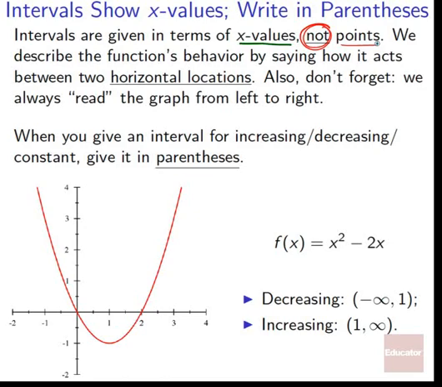The other thing is we always need to put it in parentheses. So parentheses is how we always talk about increasing, decreasing, constant intervals. Why do we use parentheses instead of brackets? Well, think about this. A bracket indicates that we're keeping that point. A parenthesis indicates that we're dropping that point, not including it in the interval.